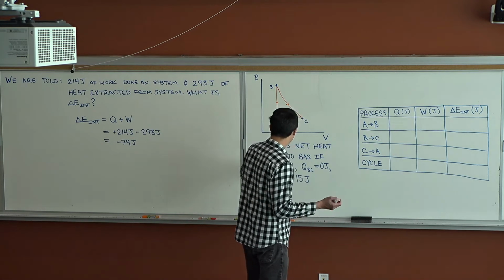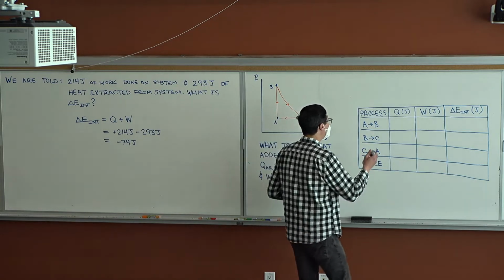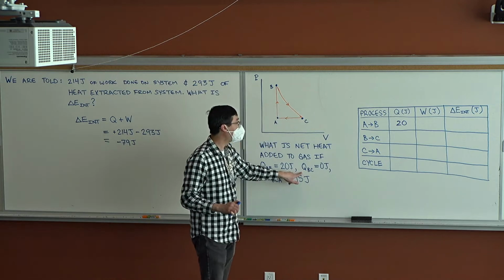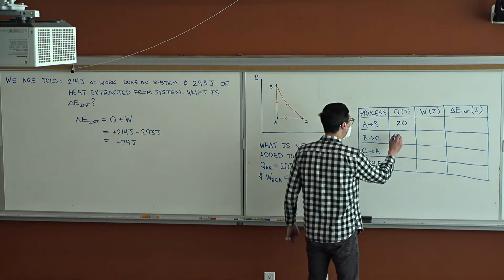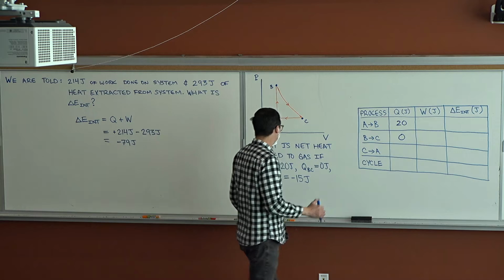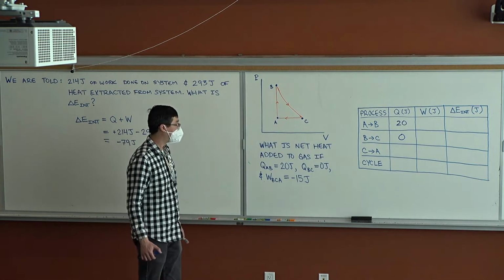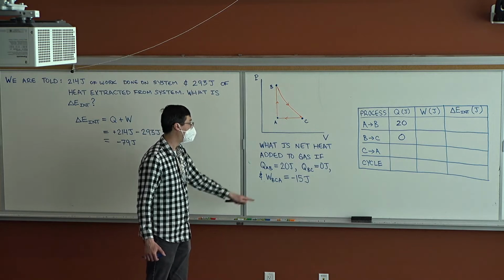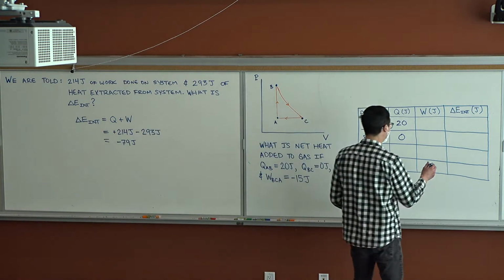We are told that QAB is 20 joules. We're told QBC is 0. And we're told that the work done from B to C to A is minus 15 joules.